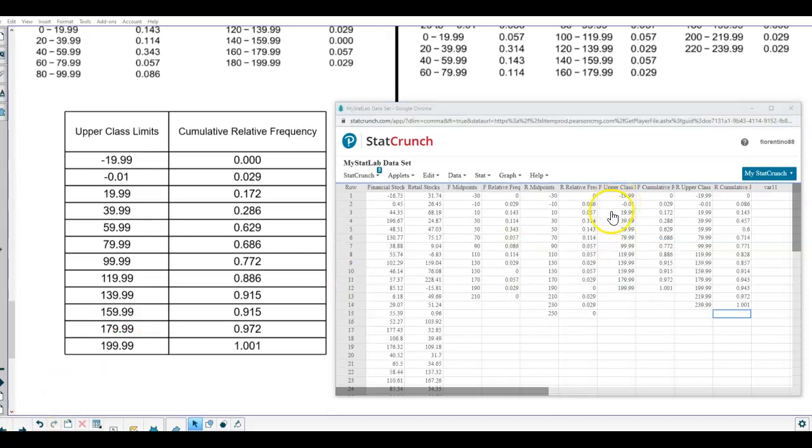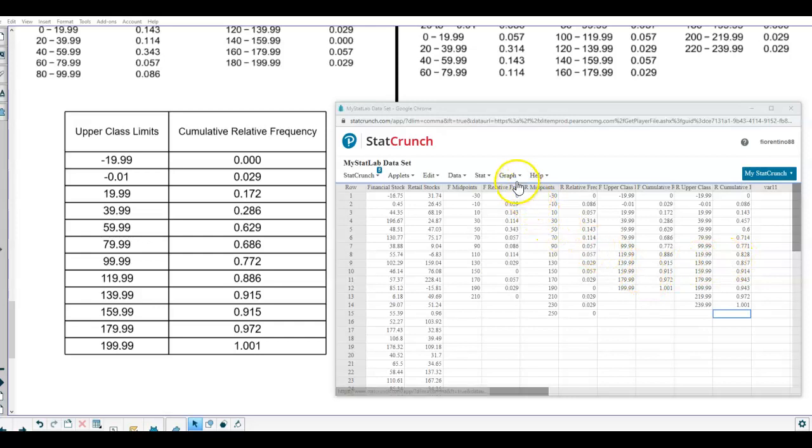So now the data for both the financial stocks, the upper class limits and the cumulative relative frequency, are in there, in addition to the retail stocks upper class limits and the retail cumulative relative frequency in that particular column. So we're going to go ahead and graph.